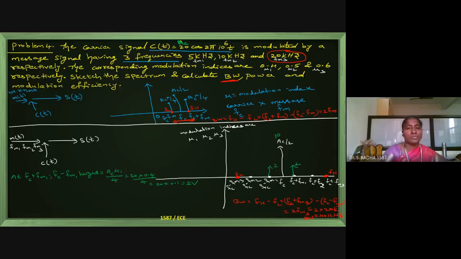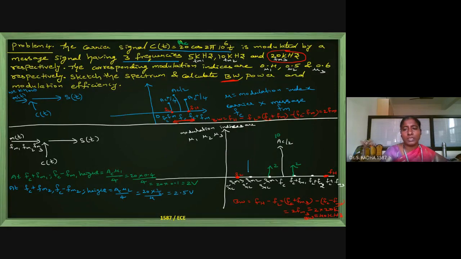Okay, completed. Next, I will go with the next calculation, at FC plus FM2 and then FC minus FM2. So height equal to AC mu2 by 4, and there we need to calculate what is the height. 20 times 0.5 divided by 4: 20 by 4 is 5, and 5 into 0.5 is 2.5 volts.